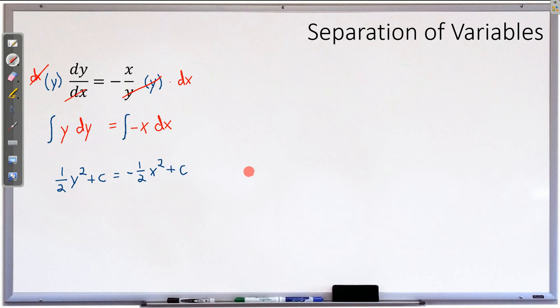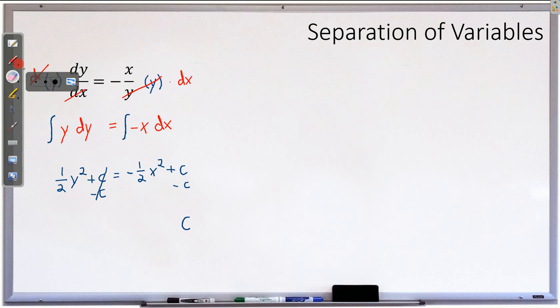Now that does not quite look like what we started with, so we have to do a little bit of algebraic manipulation. One nice thing, subtract the c's. Now you might be thinking, hey, c minus c is 0. Not quite. A number you don't know minus another number you don't know is still a number you don't know.